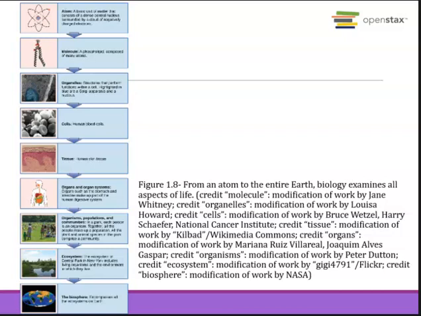And then at the highest level of organization, we have the biosphere. The biosphere is a collection of all ecosystems and represents the zones of life on Earth. These zones include land, water, and portions of the atmosphere. So this is the hierarchy, or the levels of organization, of all living things and organisms.